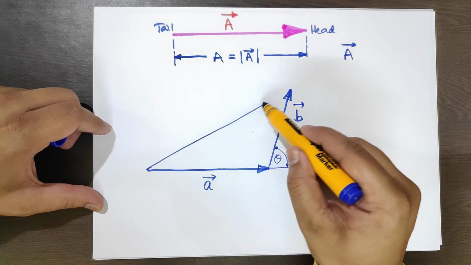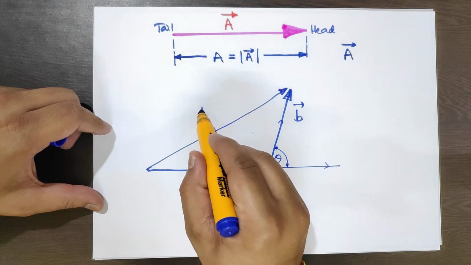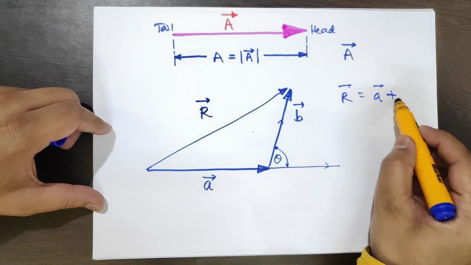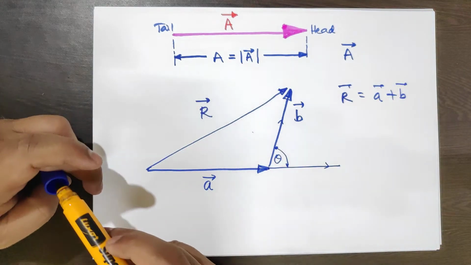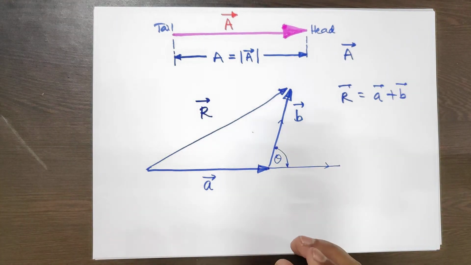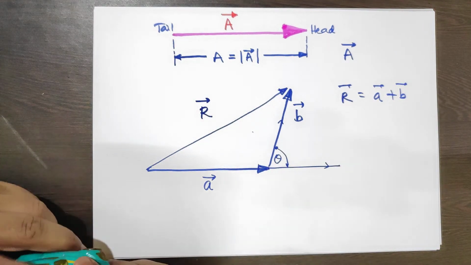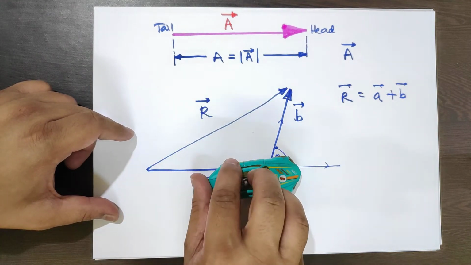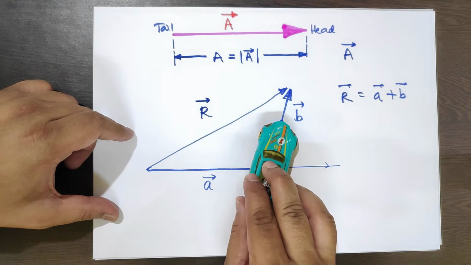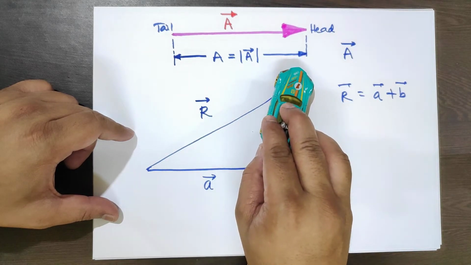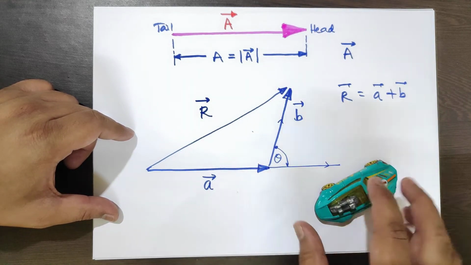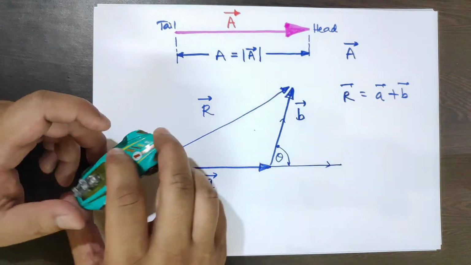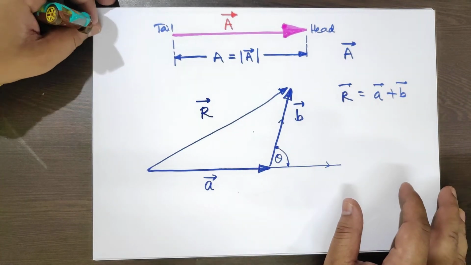So this is how you calculate the resultant vector r. So r is equal to a plus b. That means if a car goes from this point to this point, and then takes a turn and goes from this point to this point, the resultant displacement of the car is from this point to this point.